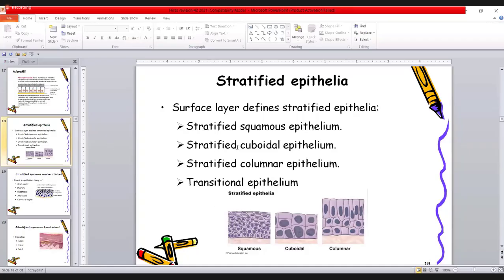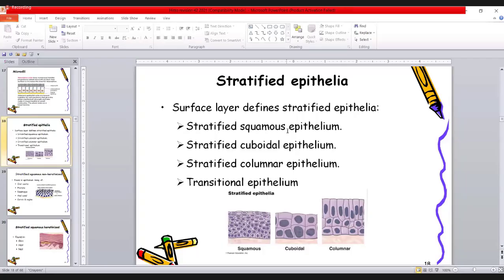What are the types of stratified squamous? Stratified squamous keratinized epithelium and stratified squamous non-keratinized epithelium. Non-keratinized epithelium, where do you find it? On wet surfaces.